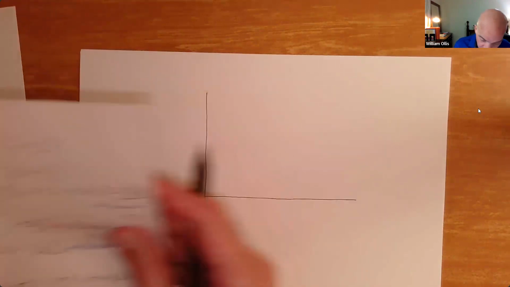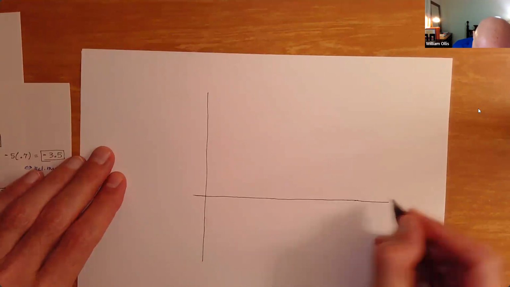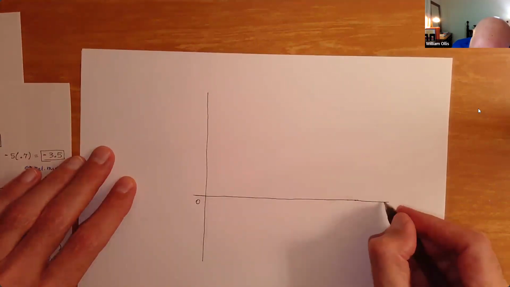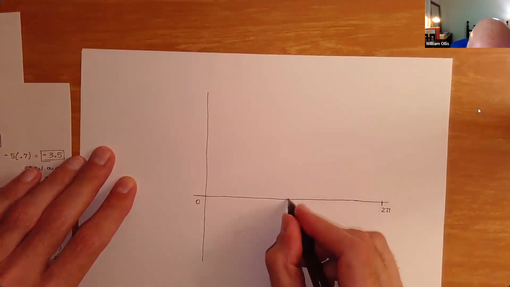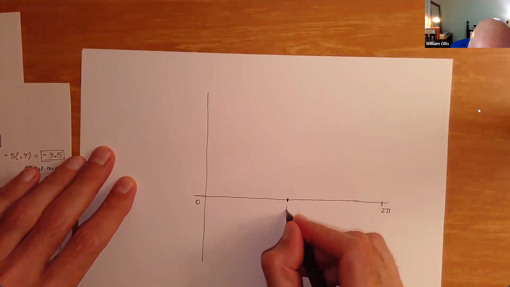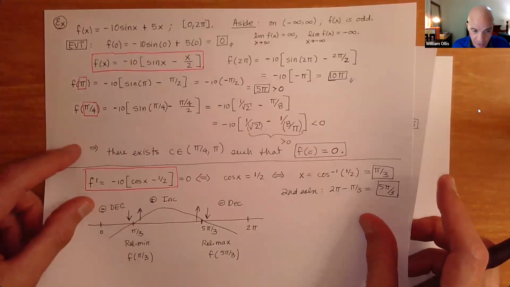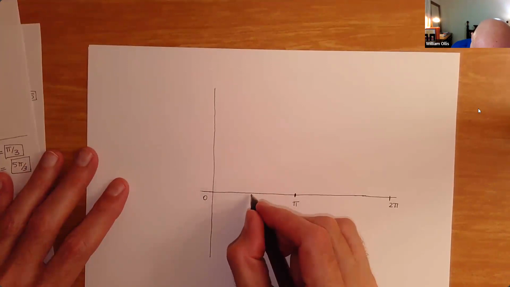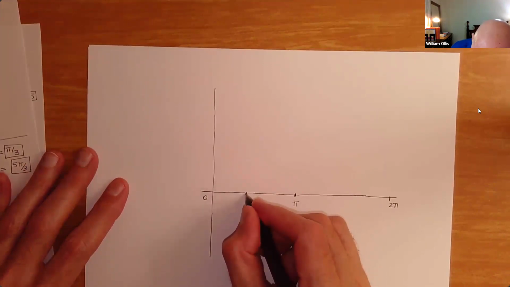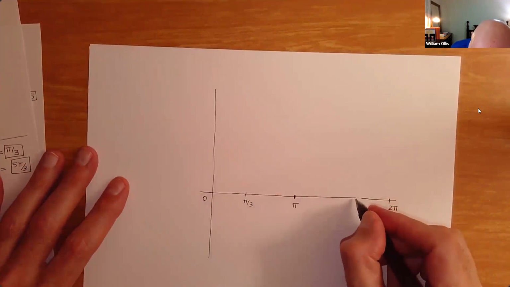The important items would be, I'll stretch this out so we can see it, the 0, the 2 pi, and right in the middle, just eyeball that, the pi. And then we have the critical numbers from our critical point analysis, pi over 3 and 5 pi over 3. So let's see here, about right, pi over 3, 5 pi over 3.